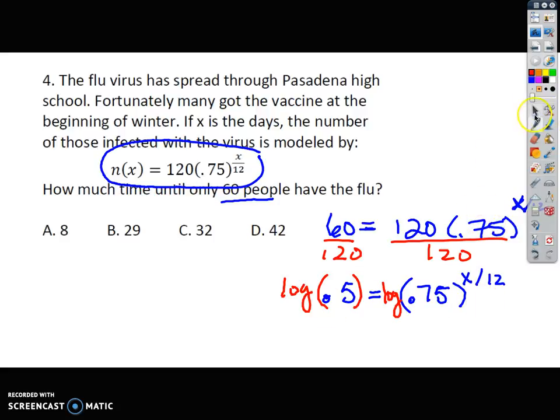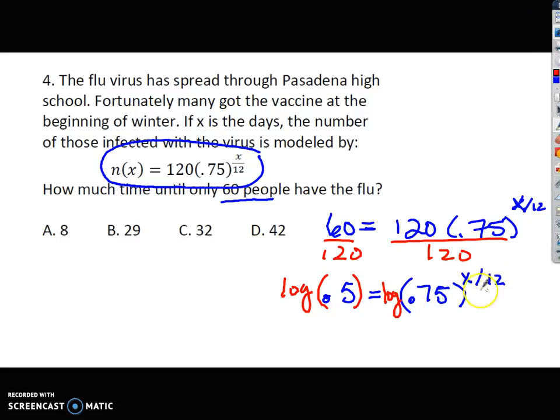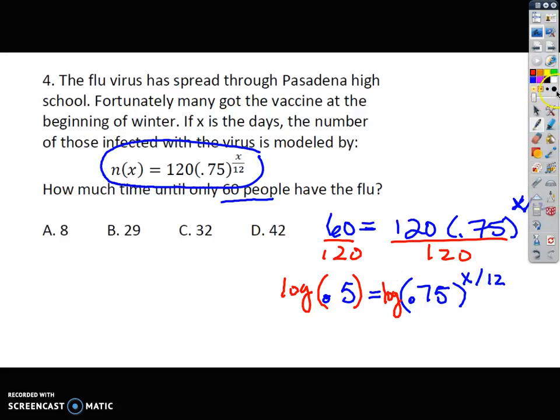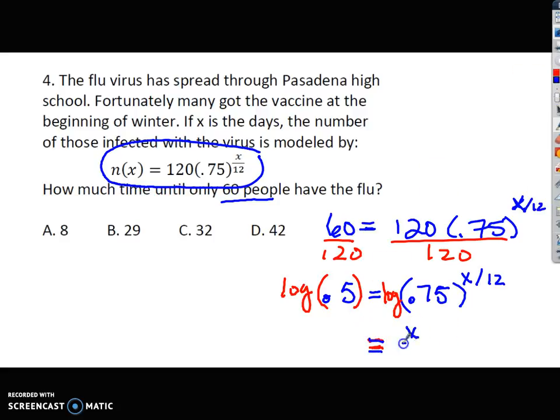Well, actually, let's do it like this. Right here, we're going to use the rule that if we have an exponent, we can bring it to the front. So we can rewrite this as x over 12 times log of 0.75.